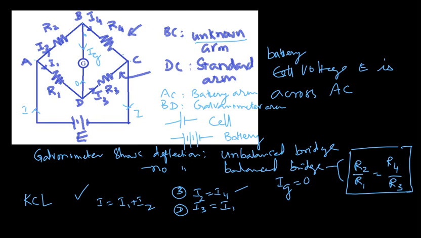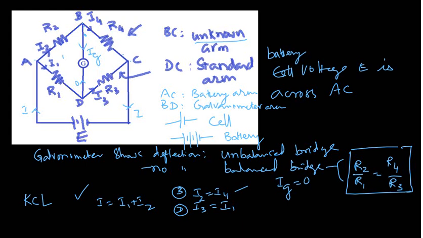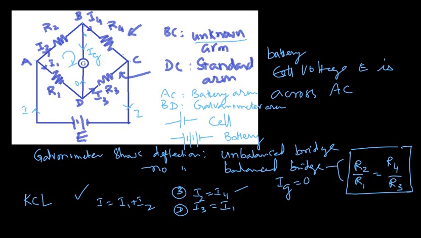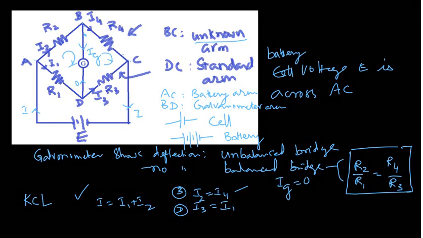Now we apply Kirchhoff's voltage law, KVL. We can apply the KVL to this loop and to this loop also. When we apply it for the first loop, this direction of the loop is opposite to I1.